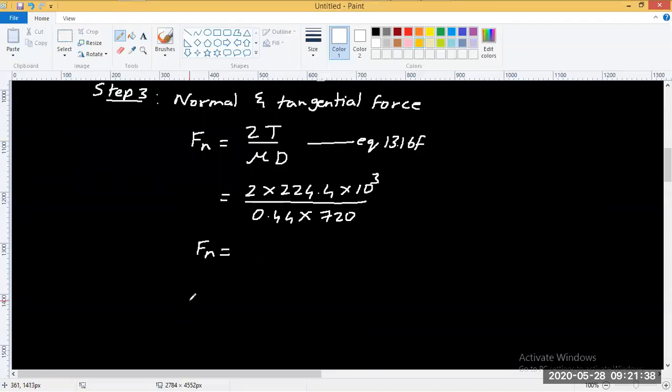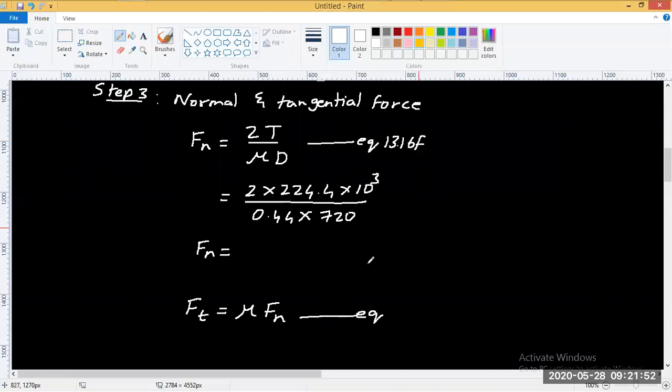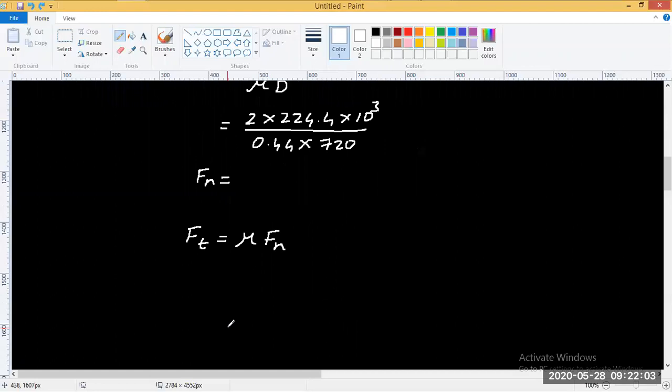The tangential force Ft is equal to mu times Fn. This is also given in the equation, I think just below this equation. It's evident from the figure. Just calculate that value.